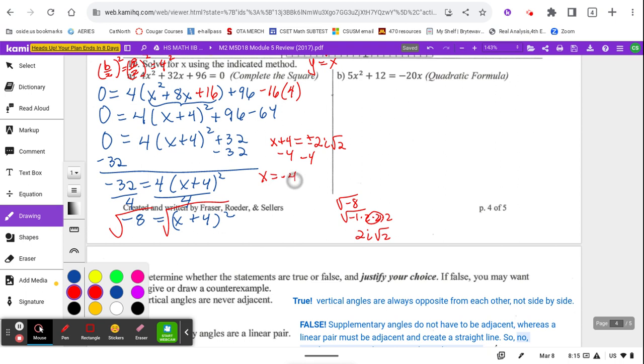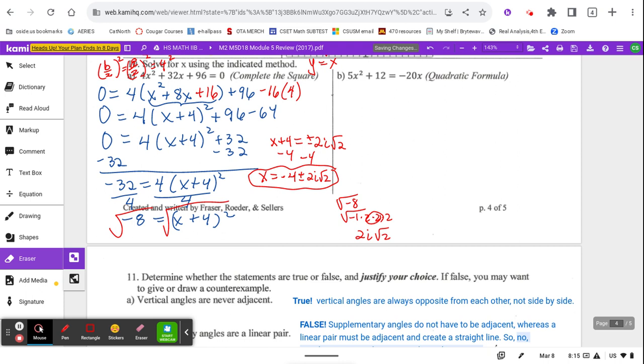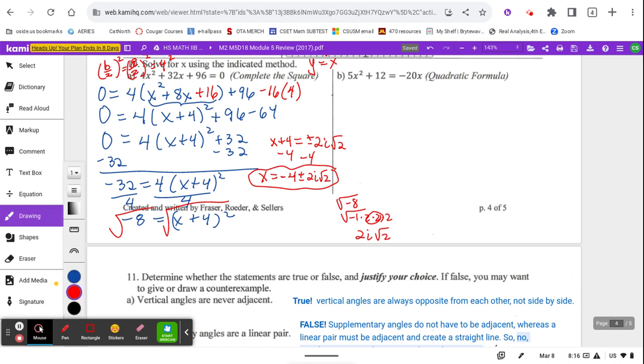Final answer, negative 4 plus or minus 2i root 2. And those are called no real roots, or 2 complex roots, or 2 imaginary roots. So that was showing me that you can do complete the square with a coefficient greater than 1.